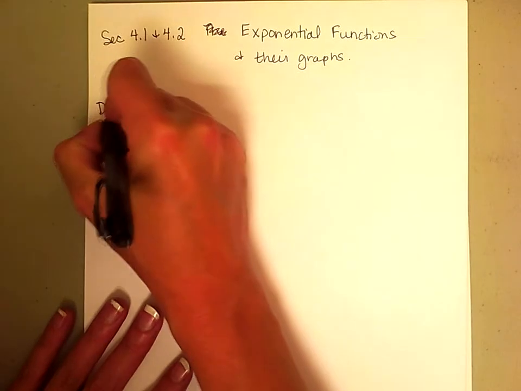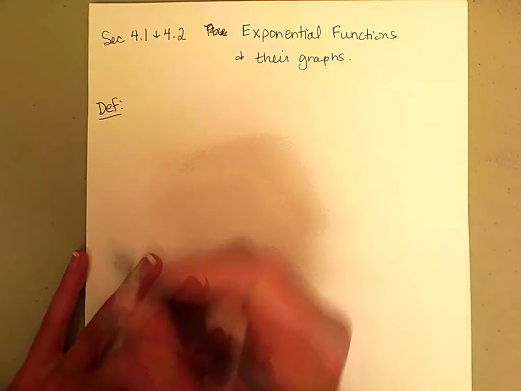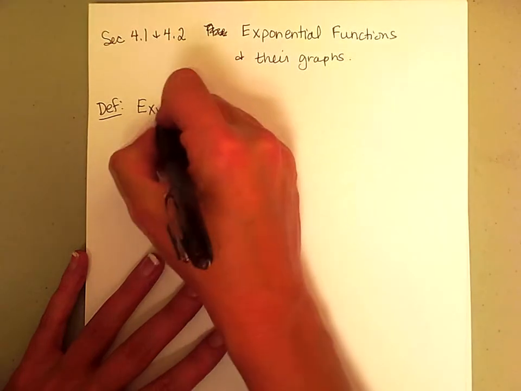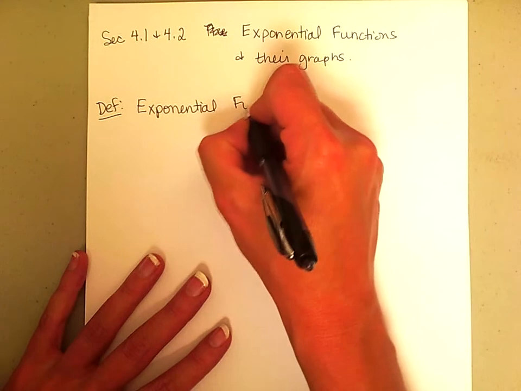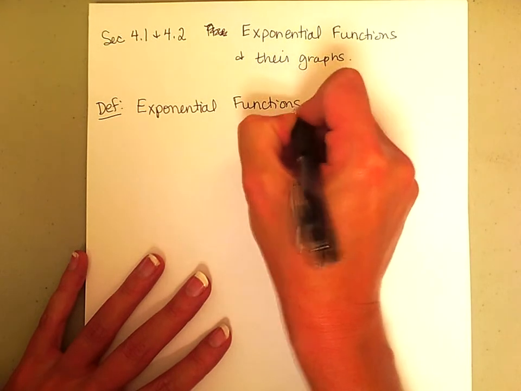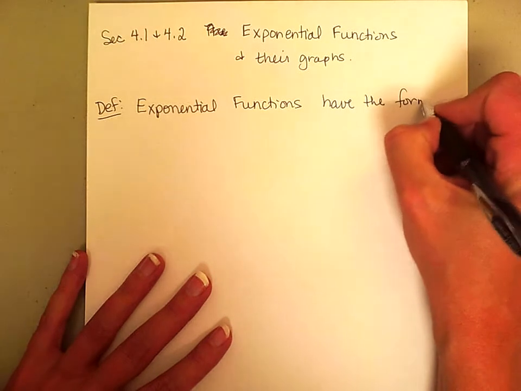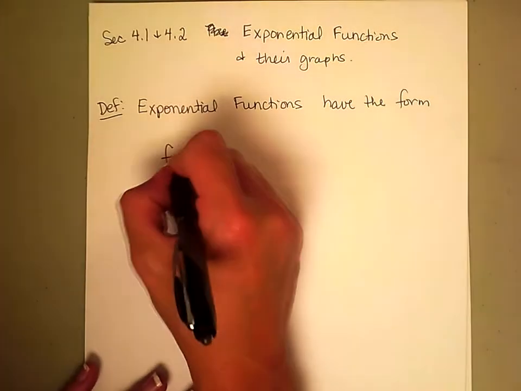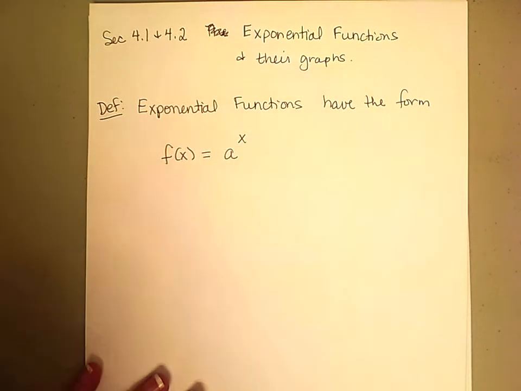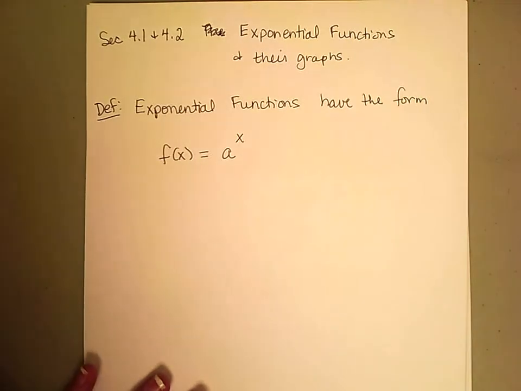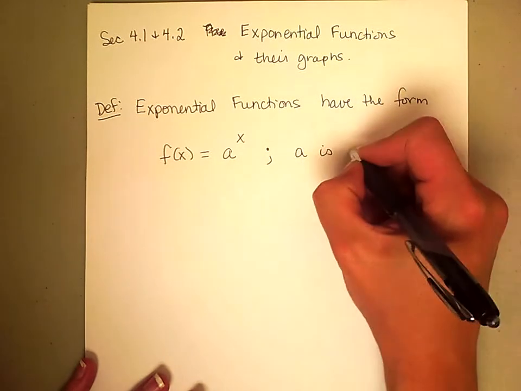So let's start by understanding what an exponential function would be. Exponential functions have the form, they are a function, so we'll denote it as f of x is equal to a to the x, where a is a constant.